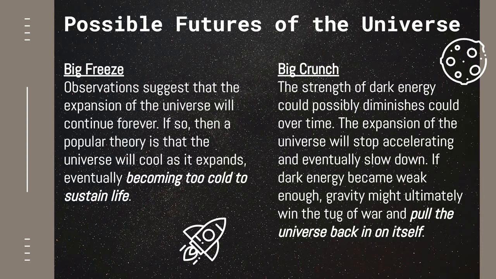However, as it occupies more space, eventually, following the laws of thermodynamics, the universe will become uniform in terms of temperature. It means that it will become uniformly cold all throughout. So life on our planet may cease to exist once the universe becomes too cold to sustain life.